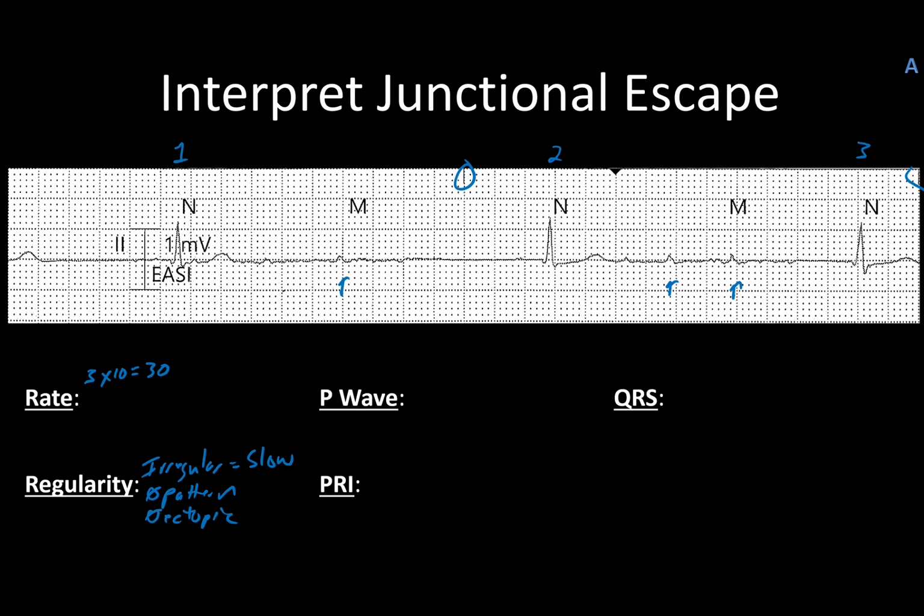If you want to go through and truly measure these out, I will tell you right now, beat 1 and beat 2 are 61 small boxes, and beat 2 and beat 3 are 52 small boxes.